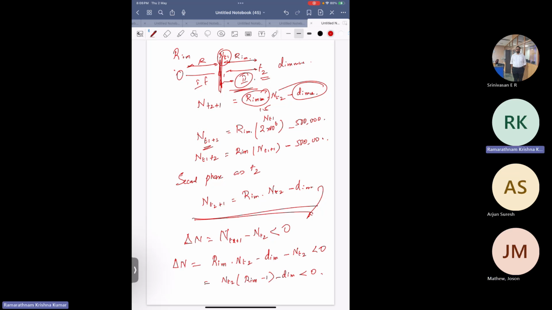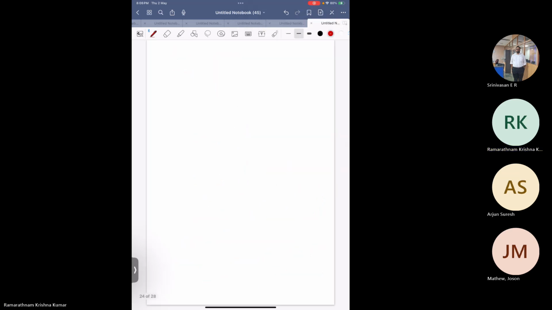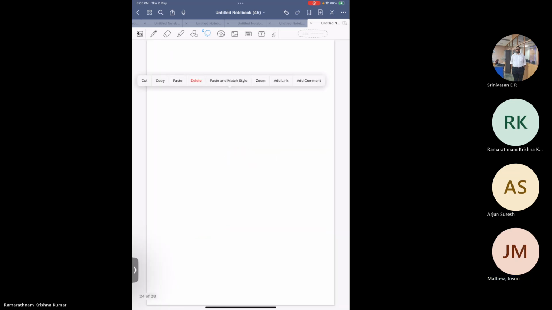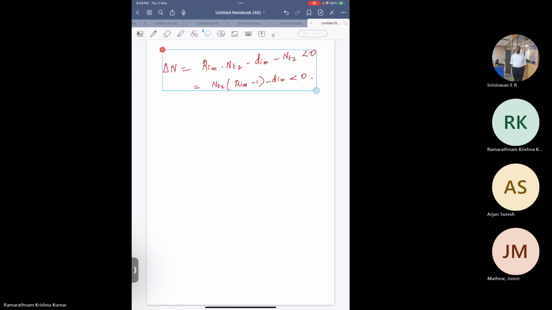So let us rearrange this term. How will you rearrange this term? Take this to the other side. N(T2) times (R minus 1) is less than D immune. Now, what am I interested in?